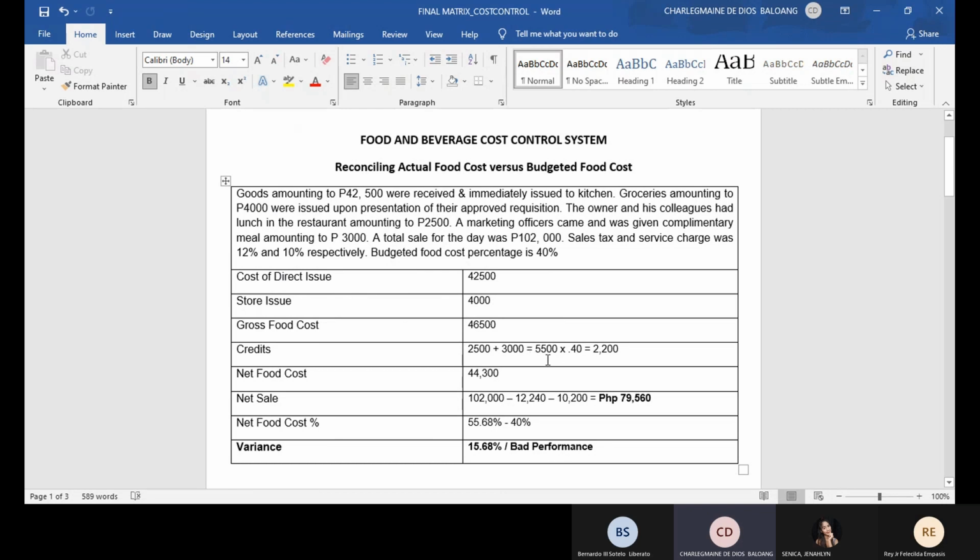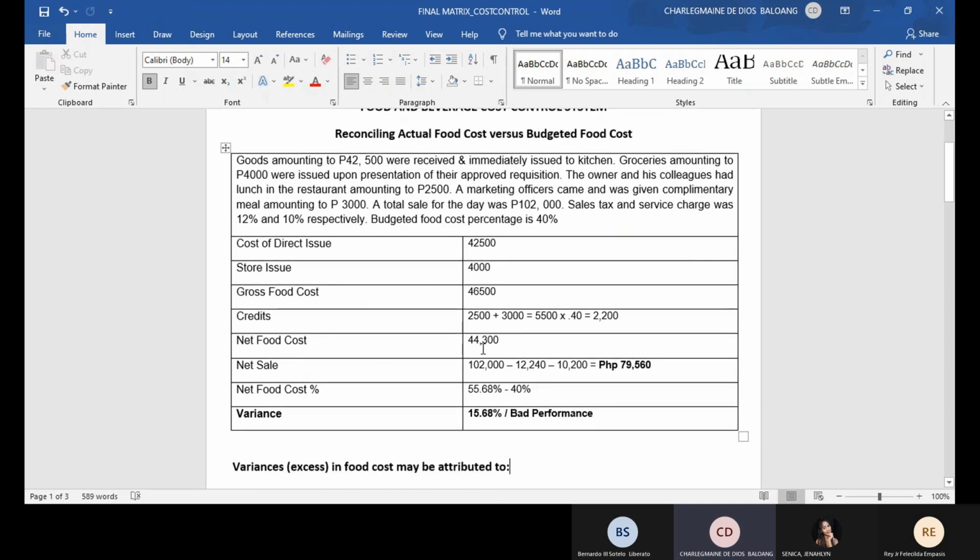This equals to 5,500 times 0.40, which is the 12% sales tax and service charge, equals to 2,200. The net food cost is 44,300.